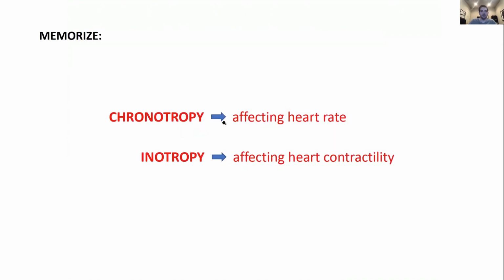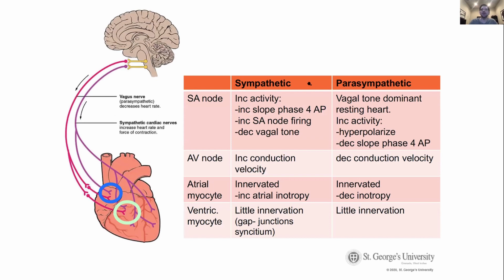You should know this. Chronotropy affects heart rate, so you're thinking sympathetics, parasympathetics. Inotropy is going to be affecting contractility, so you should be thinking calcium, right? So here you can see that with chronotropy, if we're going to increase the nodal activity or increase sympathetics, we're going to increase our heart rate.